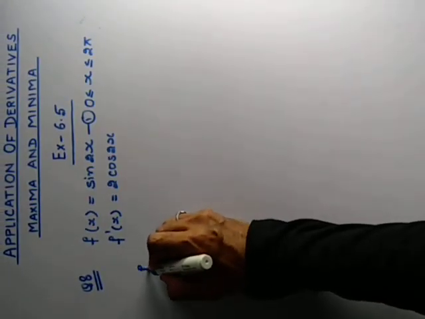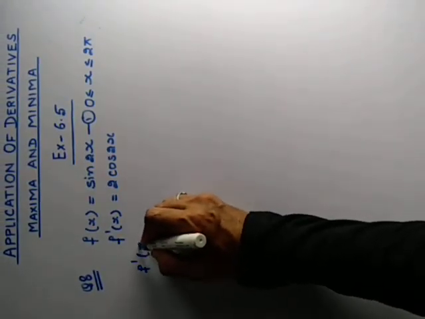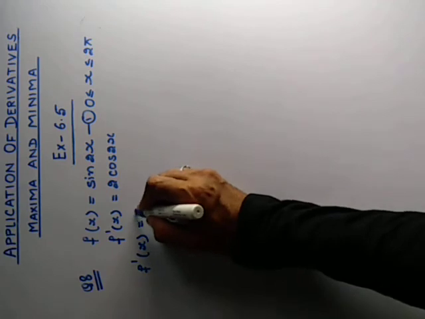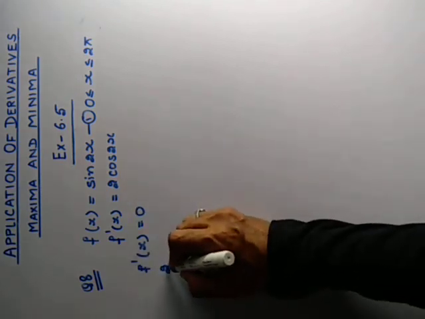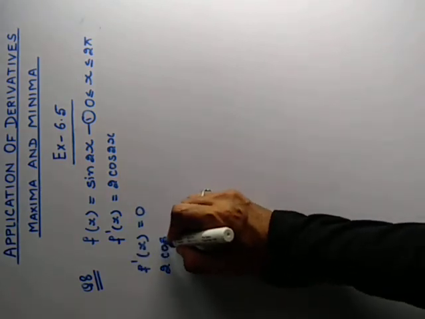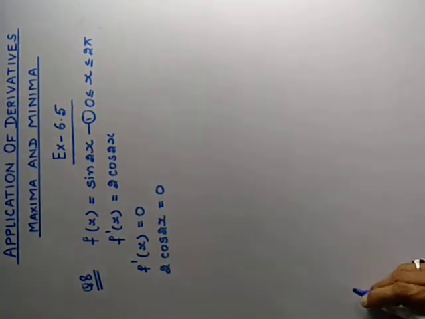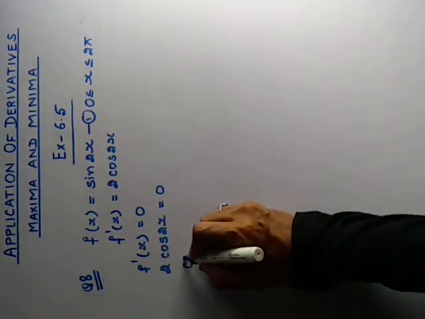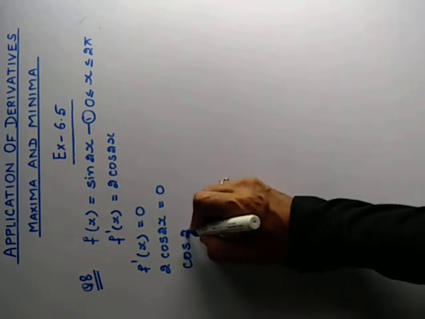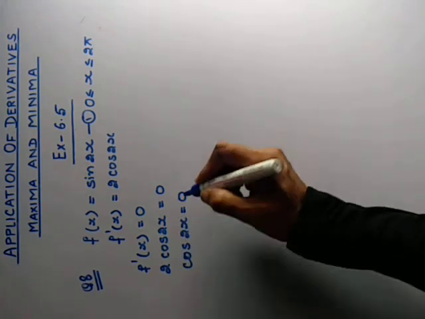Next, we put f dash x equals 0, which implies that 2 cos 2x equals 0. Therefore cos 2x equals 0.